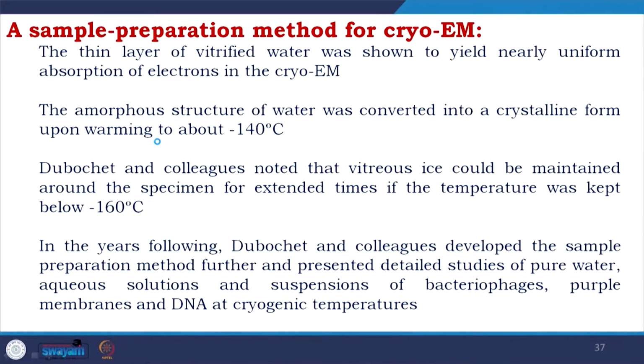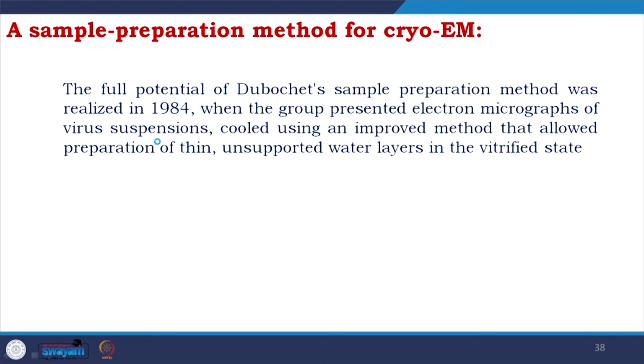In the years following, Dubochet and colleagues developed the sample preparation method further and presented detailed studies of pure water, aqueous solutions and suspensions of bacteriophages, purple membranes and DNA at cryogenic temperatures. The full potential of Dubochet's sample preparation method was realized in 1984 when a group presented electron micrographs of virus suspensions cooled using an improved method that allowed preparation of a thin unsupported water layer in the vitrified state.